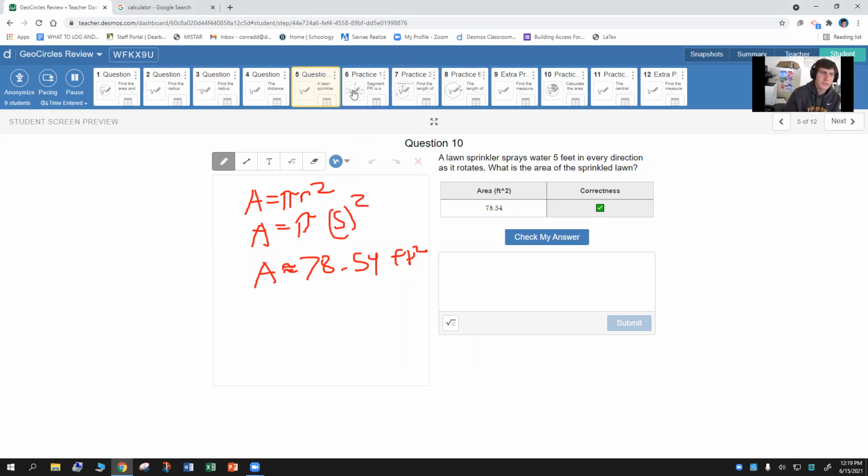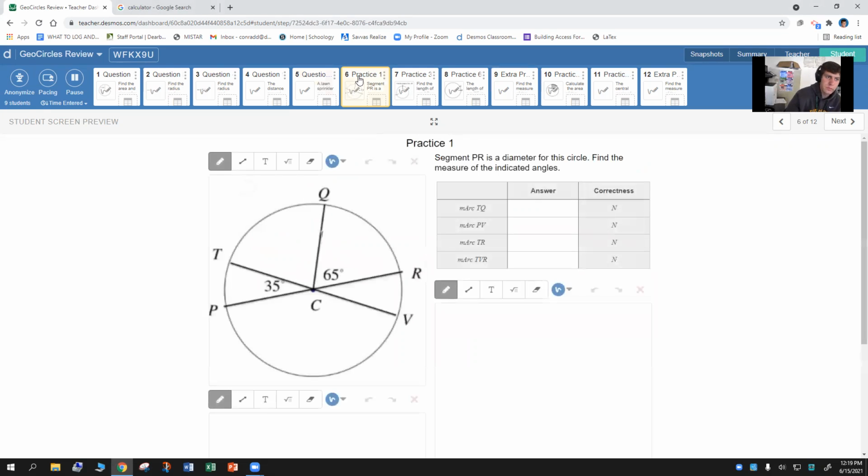All right, on to slide 6. We're looking for the measures of these arcs, so we need to look for semicircles. Remember, the full measure of an entire circle is 360 degrees, so the measure of a half circle is 180 degrees. Here we have a half circle in red.